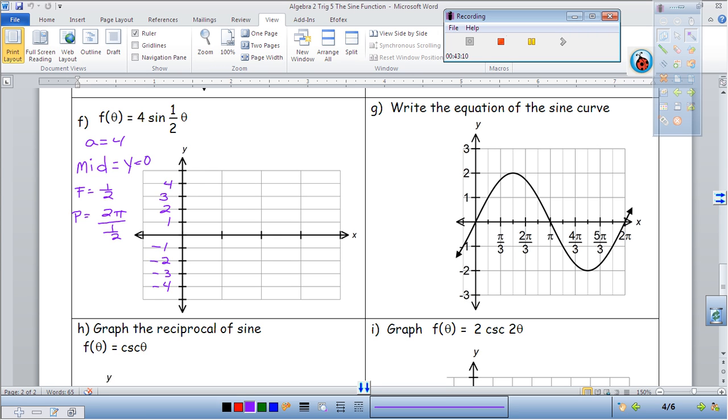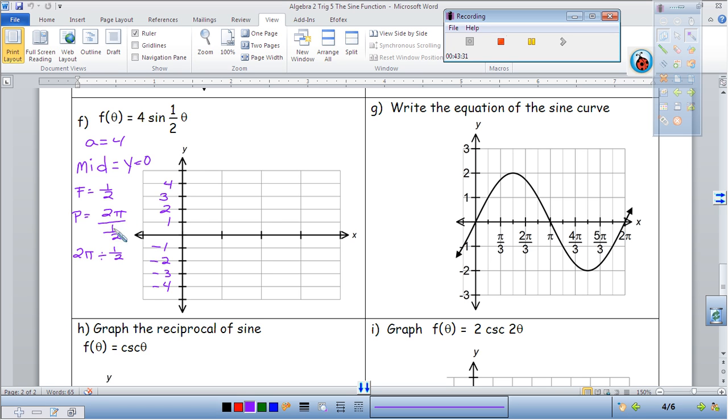Let's review how to deal with fractions. Hunter, are you with me in the back? Okay, good. Connor, are you with me here? Okay, good. So, let's review. 2 pi divided by 1/2. Write it down.